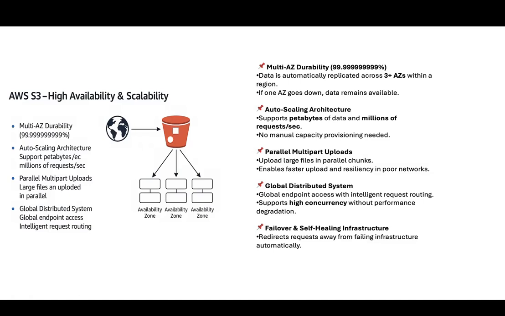Parallel multi-part uploads. It also supports multi-part uploads. Let's say you have a file of 10 GB or 20 GB, or let's say a 1 TB file. What would happen if you uploaded the entire file together, and in the middle of that upload process you lost your network? The entire process would have to restart, right?